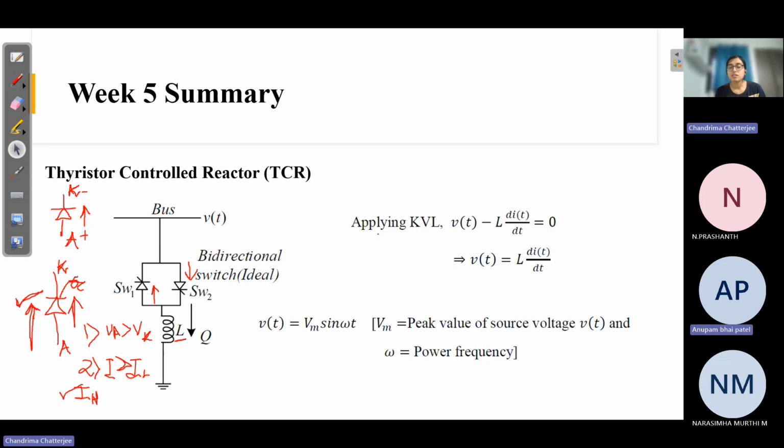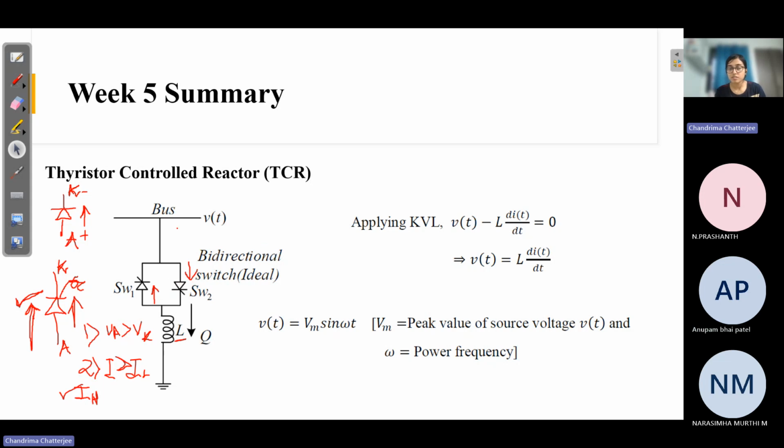Now, basically, here some assumptions are taken. What is the assumption? That there is no loss in these devices. Practically, there are losses in these devices, no device is lossless, but for the ease of analysis, for now we will consider that these devices, SW1 and SW2, are lossless.